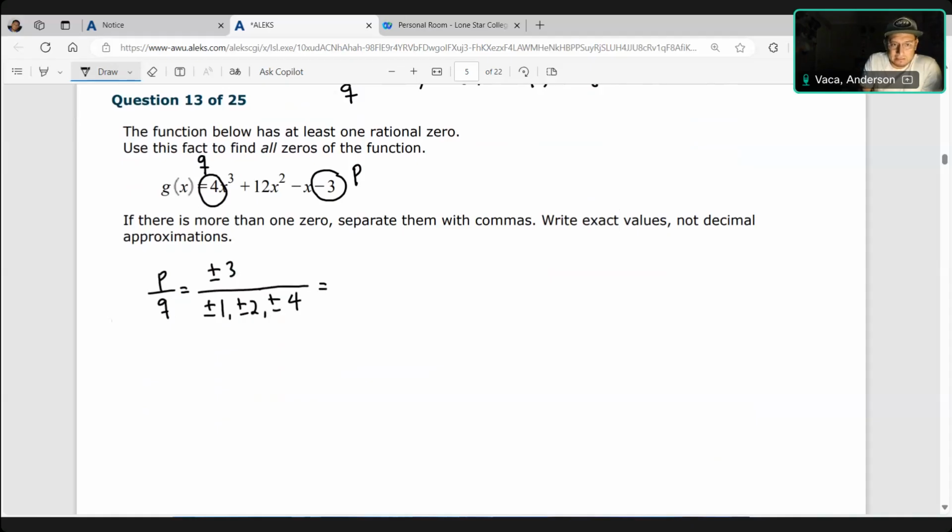So we have the list plus or minus 3, plus or minus 3 halves, plus or minus 3 over 4. Okay.